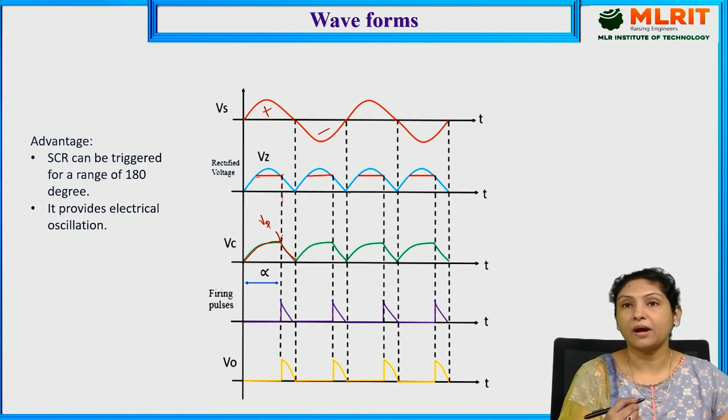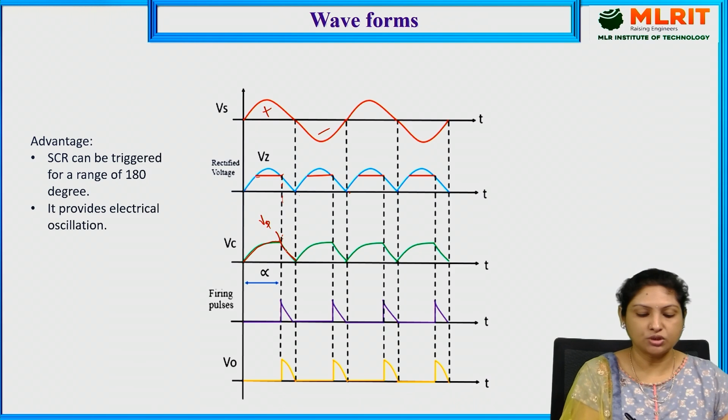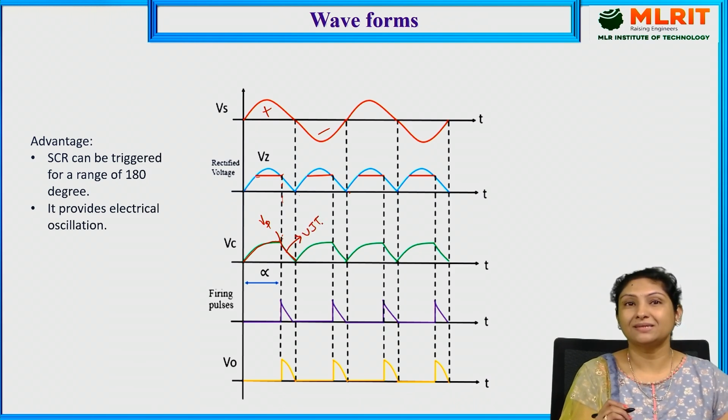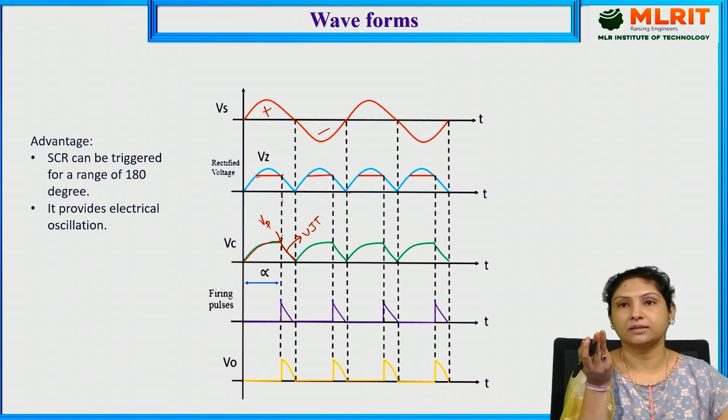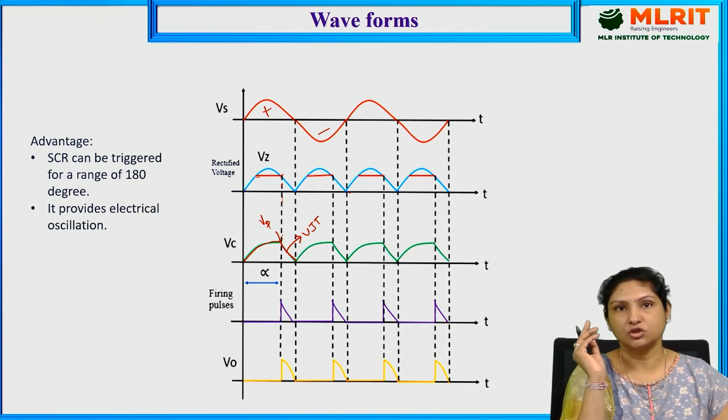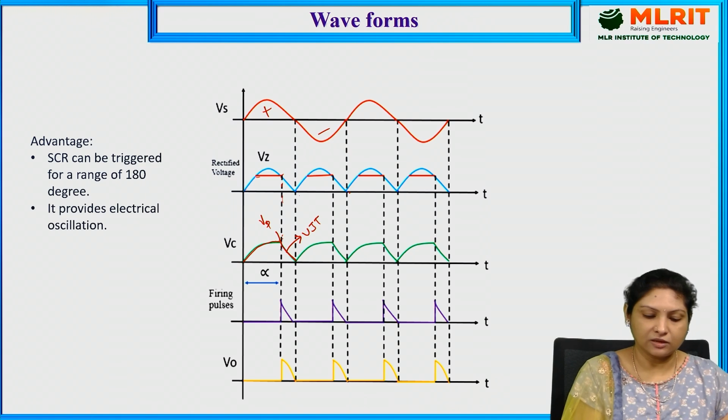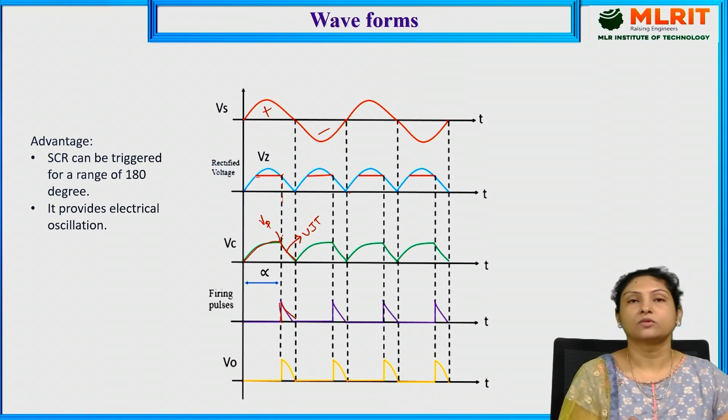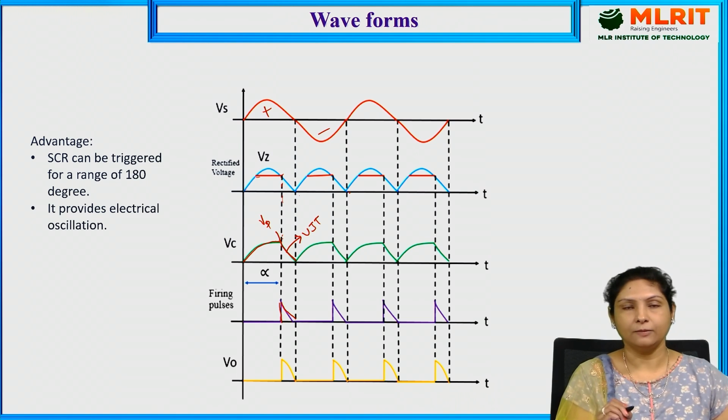While the capacitor is discharging, the UJT is turned on, and when the UJT is turned on, the firing pulse will be generated. This is nothing but that particular triggering pulse which is generated in the secondary, and it acts as the triggering pulse required by the SCR.